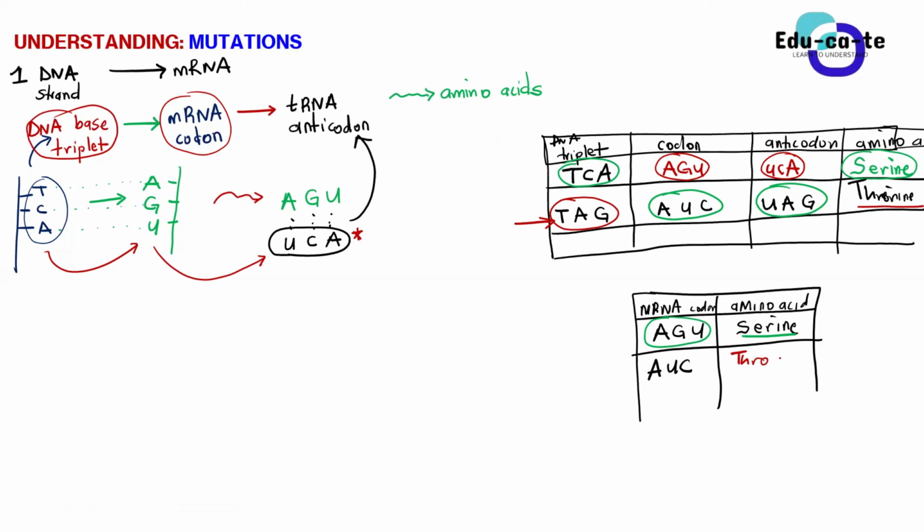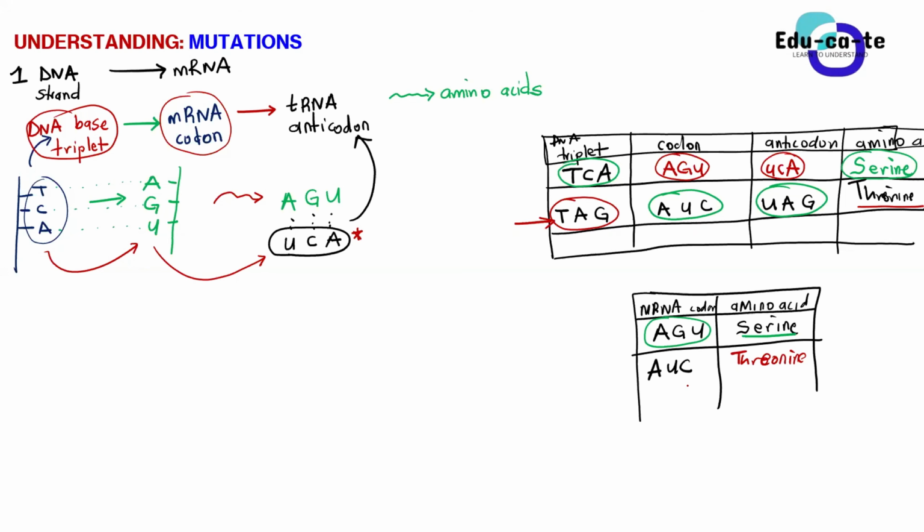Do you guys get the sense? Yes, sir. You don't have to claim amino acids, guys. Never do that. They will always give you a table showing you the amino acids.